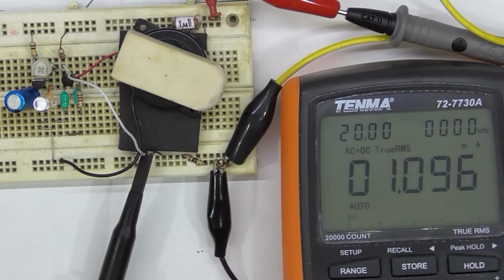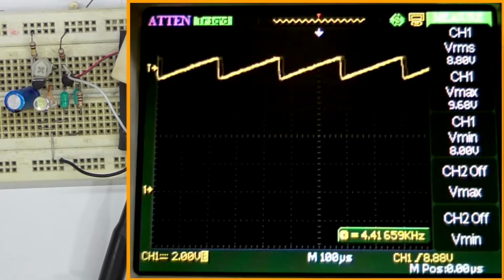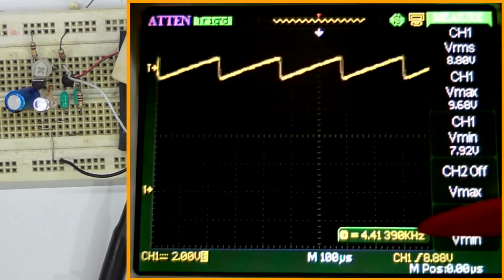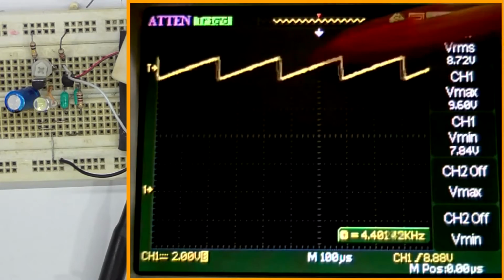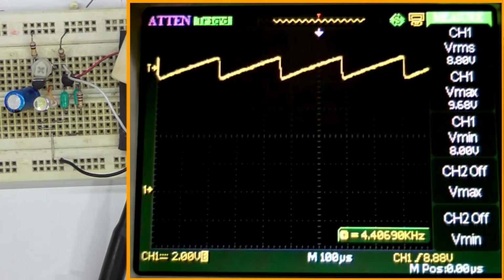Okay, so another aspect that could be important is the effect of temperature on the frequency. I've got the oscilloscope set up to trigger off channel 1. There's a little trick with this particular oscilloscope: the frequency that it measures is centered about where the trigger point is.